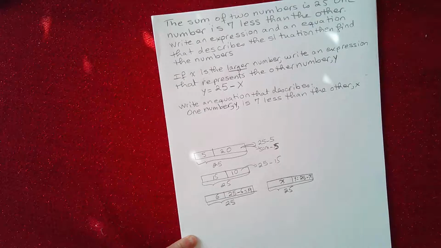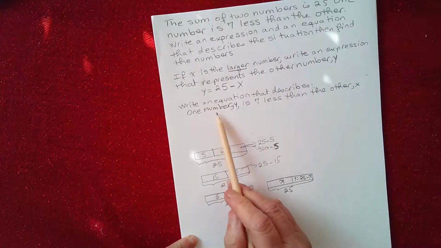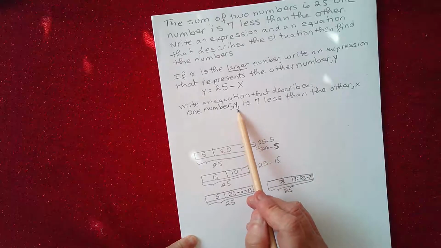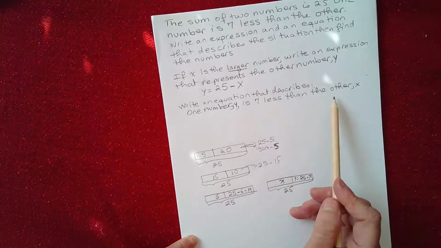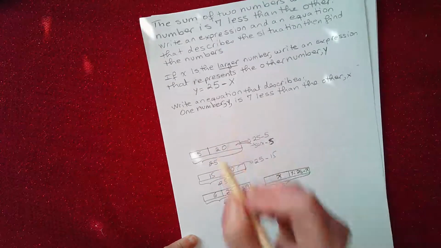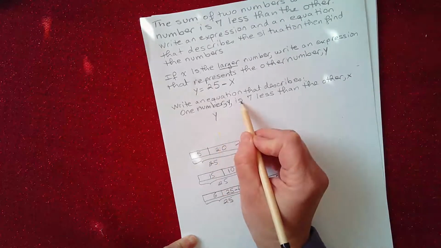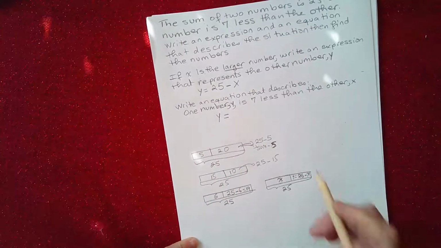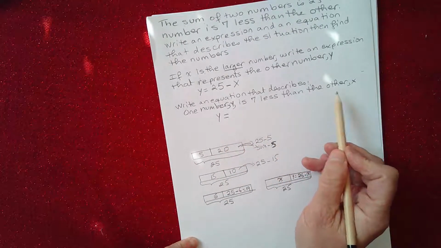Okay? Now let's write an equation that describes one number y is 7 less than the other number, which is x. So one number y is equal to 7 less than the other number x.